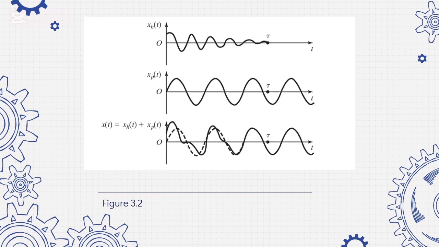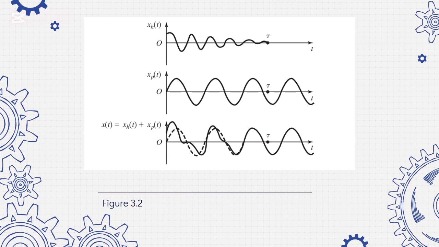And in figure 3.2, as we see, the system response over time. This figure illustrates how the system's motion evolves. The total response consists of the homogeneous solution, which is free vibration that fades over time, the particular solution, which is the steady-state response due to the external force, and a general solution, which is a combination of both, where transient motion eventually disappears, leaving only steady-state oscillation, as we can see in these three curves.